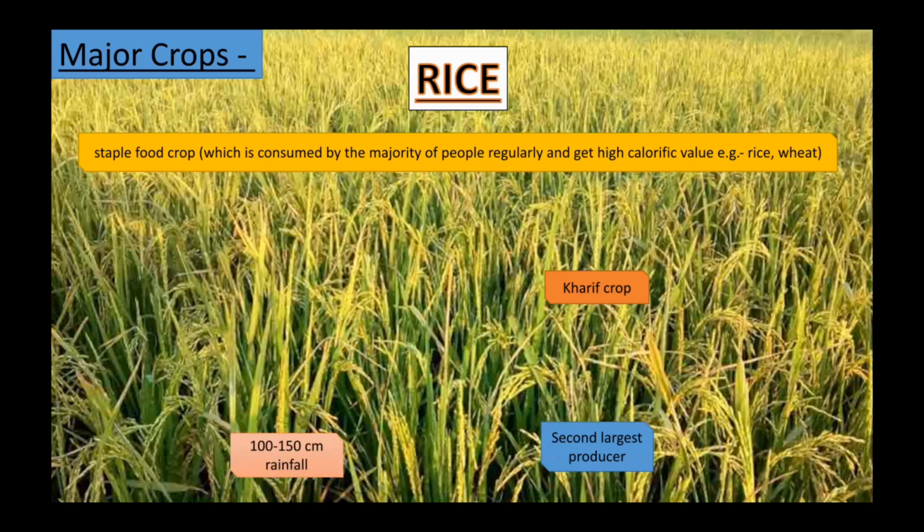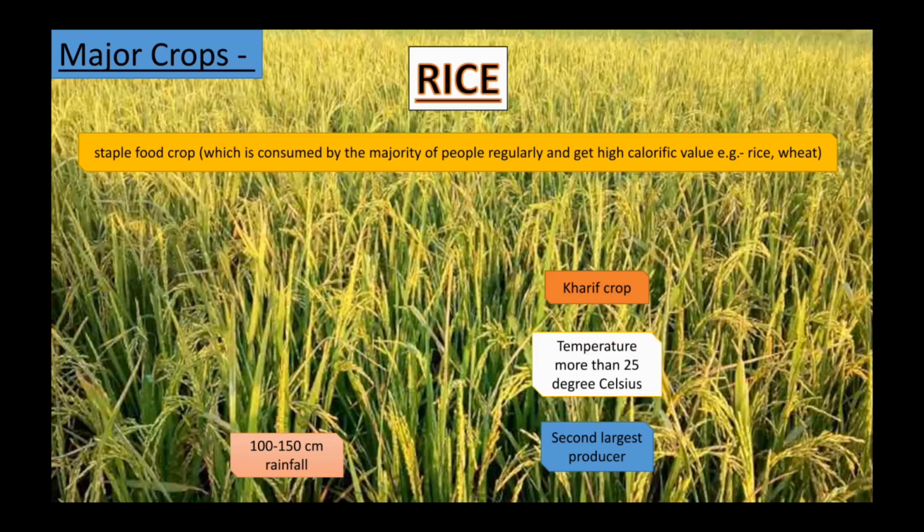Rice does not grow in all parts of the country because of variations in climatic conditions, soil textures and many more that you know already. My dear students, rice requires annual rainfall of about 100 to 150 centimeters for its proper growth.